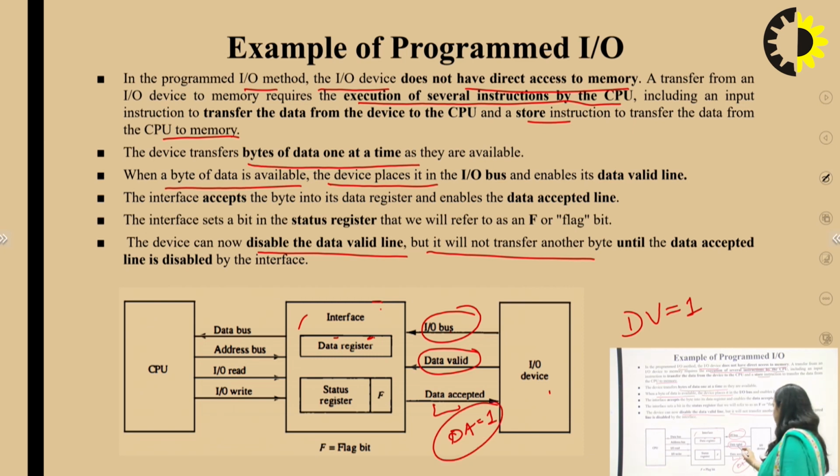So the data valid line will be enabled by the input output device, and the data accepted line will be enabled and disabled by the interface. So the device is not able to transfer another byte until the data accepted line is disabled by the interface.